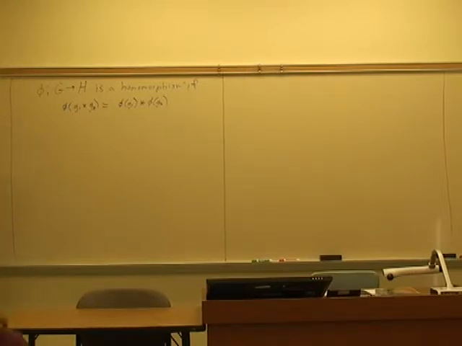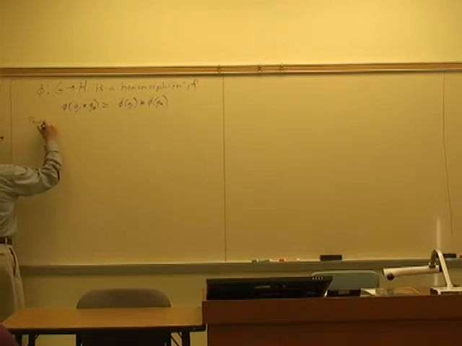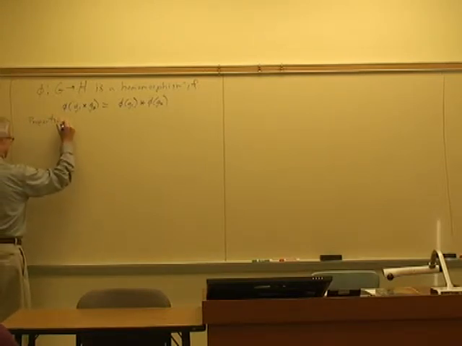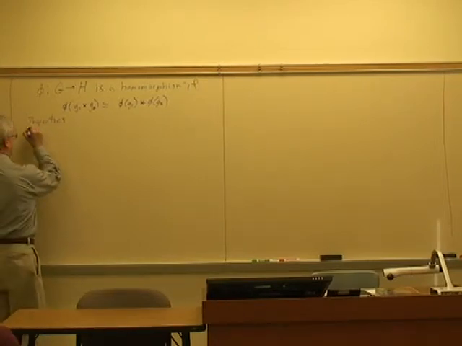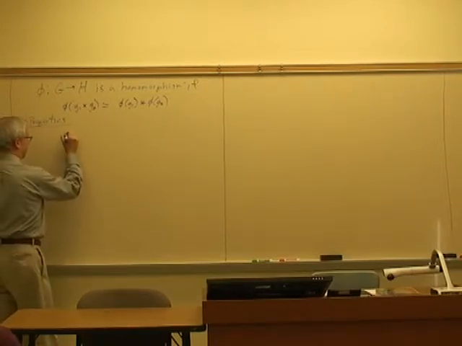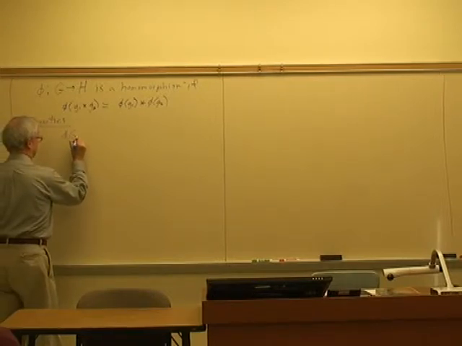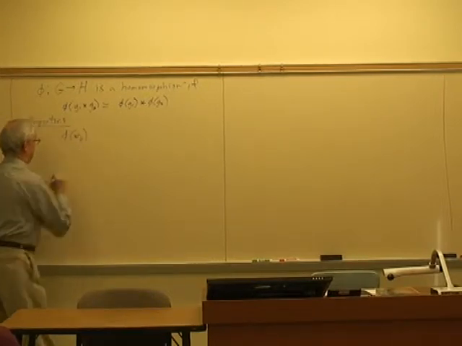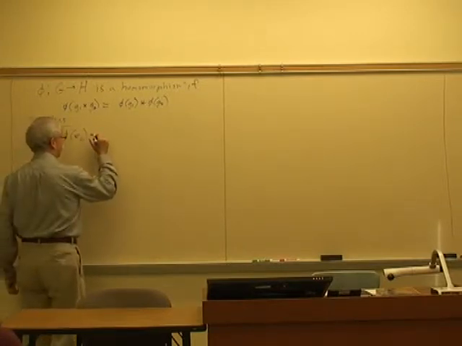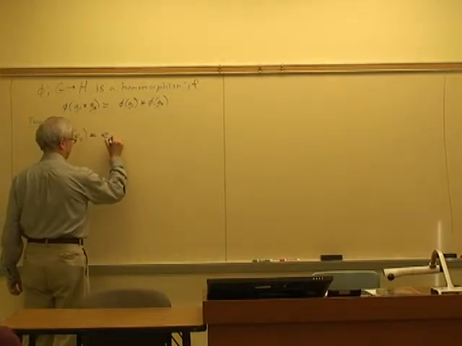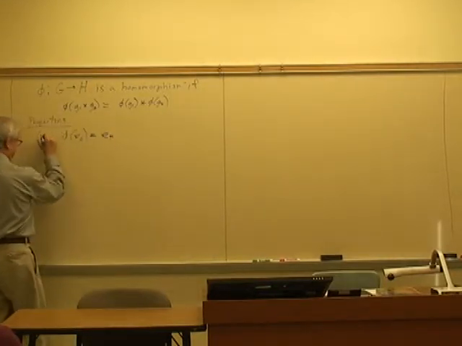And then it has three big properties that every homomorphism shares. If I apply the map to the identity in G, I get the identity in H, right? That's property 1.